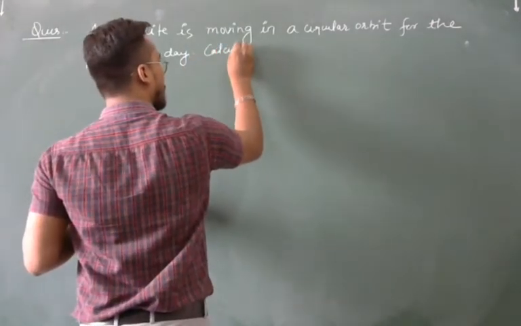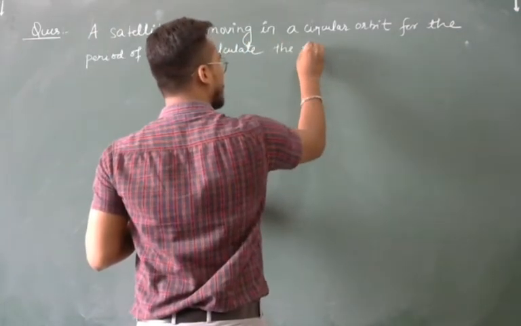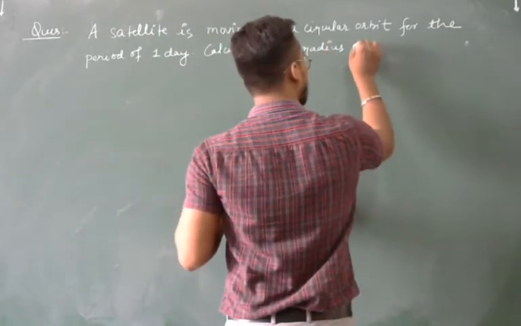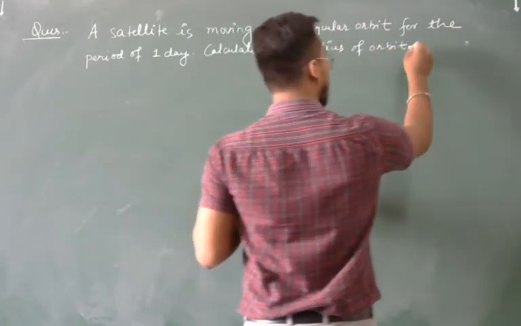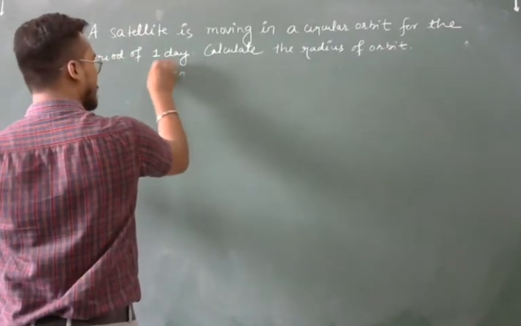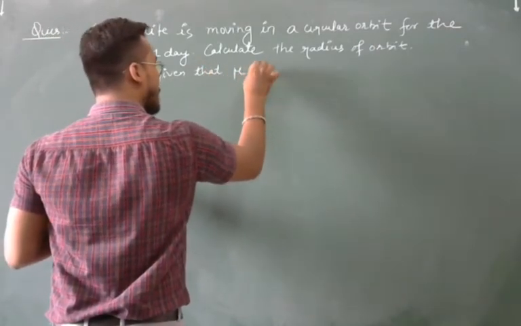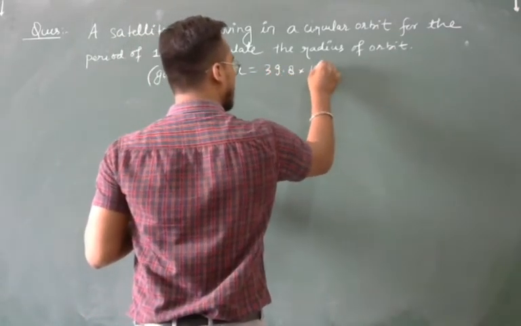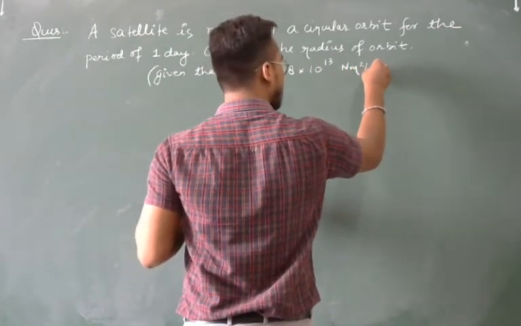Calculate the radius of the orbit, and the given data is, given that mu is equal to 39.8 into 10 to the power 13 Newton meter square per kg.